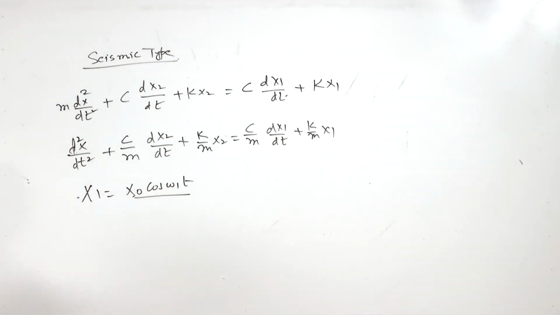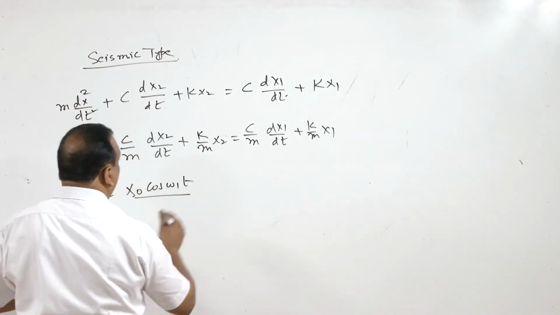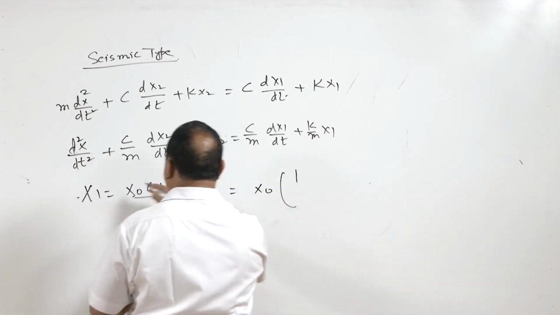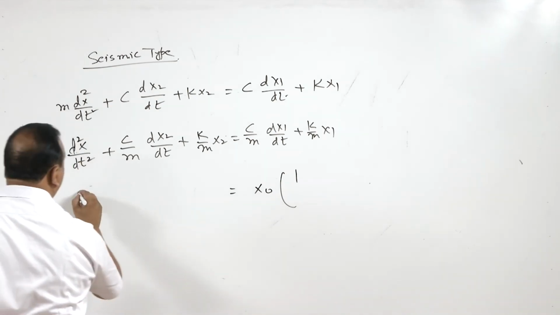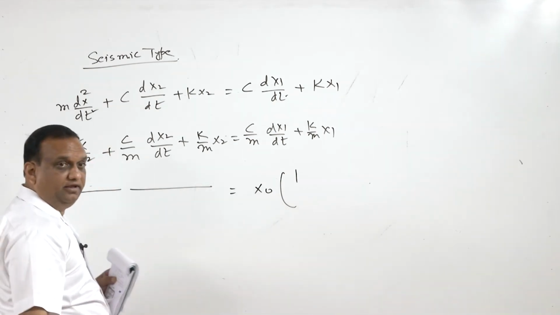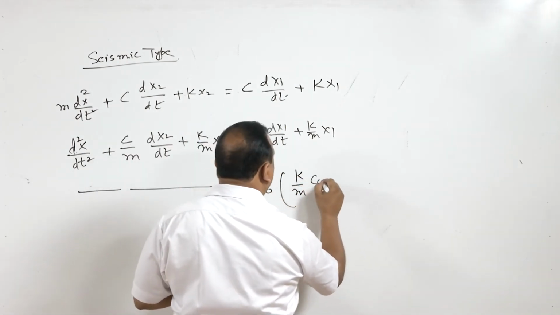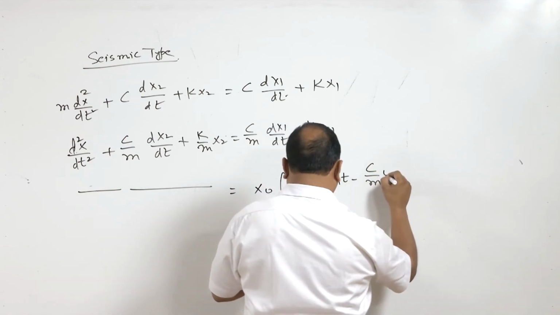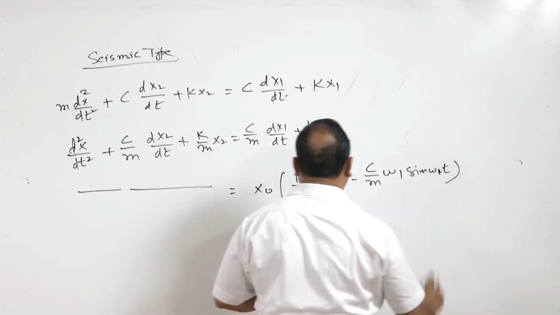Now this equation becomes the same on the left side, is equal to xo k by m cos omega 1 t minus c by m omega 1 sin omega 1 t.